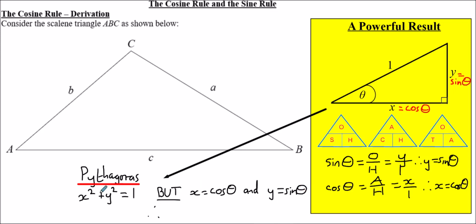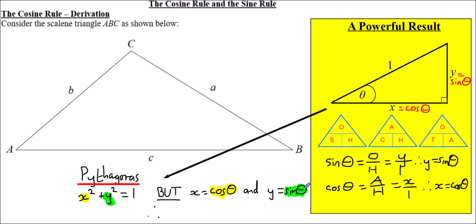So therefore, just subbing in what x is, cos theta, and what y is, sine theta, we can say that these two things squared and added together must be equal to 1.